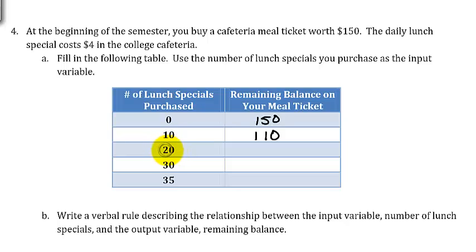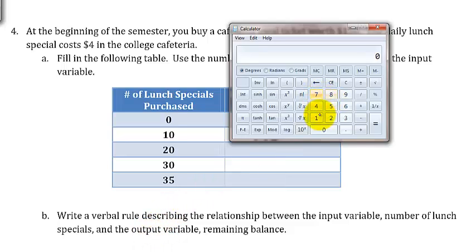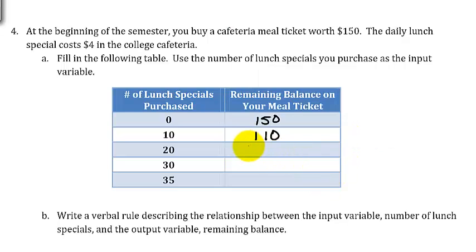If we had purchased 20 tickets, then that would be 20 times 4, which would be 80. And so we would need to take 150 minus 80, which gives us 70.